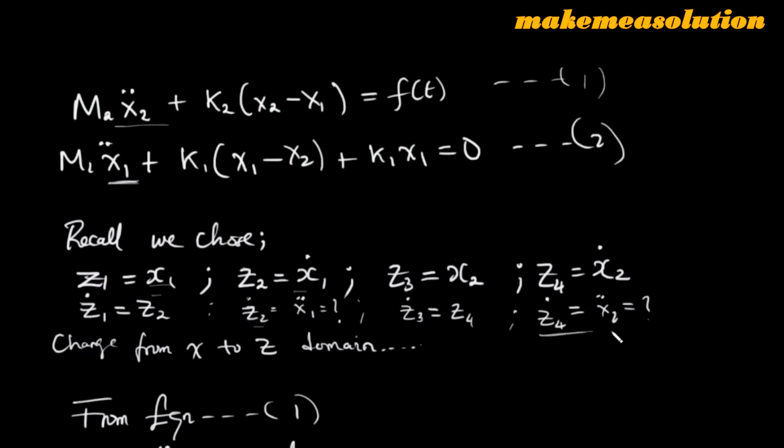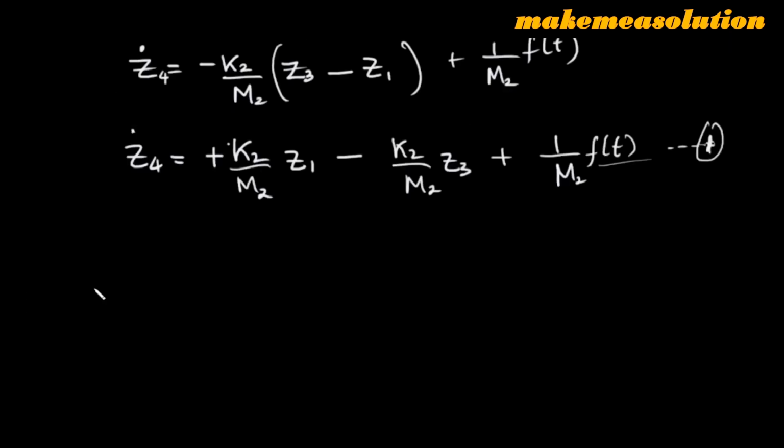So now that we've gotten z4 dot, let's find this one, and you can always find this one from equation 2 while you can find this one from equation 1. So let's go ahead now.